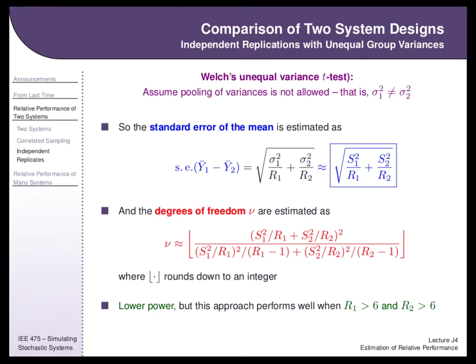But the downside is the degrees of freedom are really kind of ugly to calculate. So I'm not going through the derivation here, but again, you can unpack this if you squint at it and think hard enough. But this is a way in which I'm accounting for degrees of freedom under the idea that there's going to be more variance from one group, and that group may have more or fewer samples. And so how do I deal with the fact that some of my samples have a high variance, some have a low variance, and this estimate for degrees of freedom takes care of that.